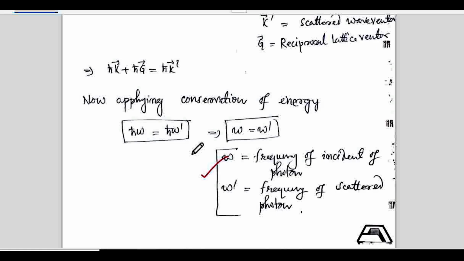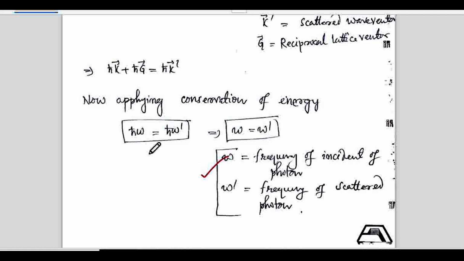Then there is a creation of a phonon, and that creation of phonon leads to the lattice vibration. But as it is not giving any energy to the lattice, there is no creation of a phonon, because the quantum of a lattice vibration is the phonon, especially in elastic scattering.